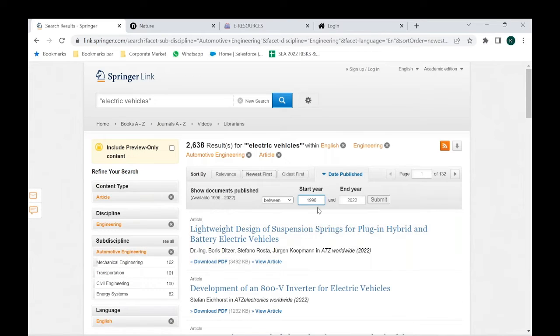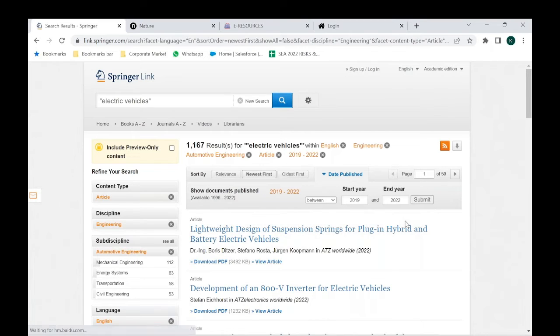You could also then limit your searches. For example, if this is way too much, I've often been advised in the past that you should perhaps mainly focus on research that was only published in the last few years. So let's say I filtered my results from 2019 to 2022.